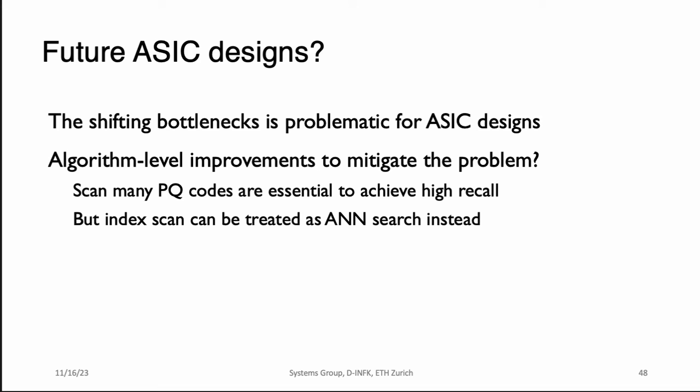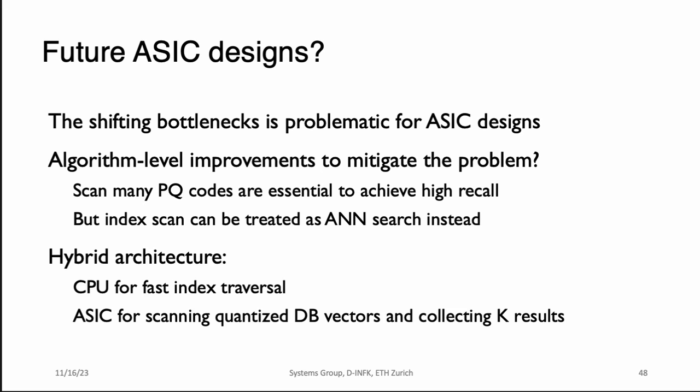We can construct another index on top of these centroid vectors. So once we do this, the performance bottleneck is pushed to the PQ code scan and the K selection stages. And if this is the case, we expect future architecture to combine a CPU for fast index traversal based on ANN search and an ASIC for scanning quantized database vectors and collecting the top K results.